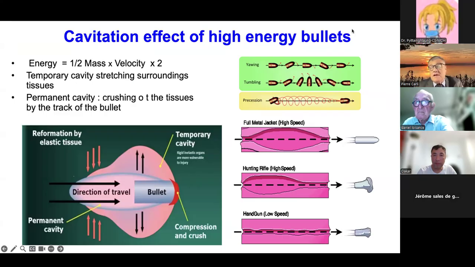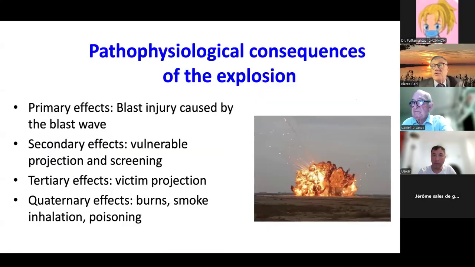Many of you are used to seeing patients with a small hole at the entrance of the bullet, a large impact inside, and also a large wound at the exit of the bullet. The bullet may yaw and turn, and the cavitation effect will be different from one weapon to another, but in any case it creates a lot of injury inside.